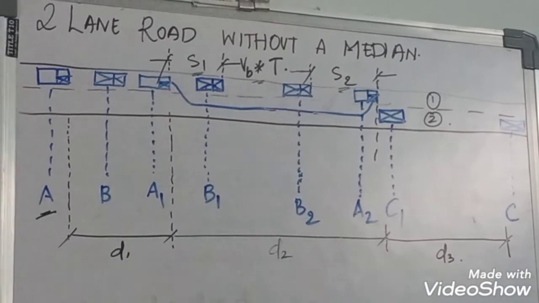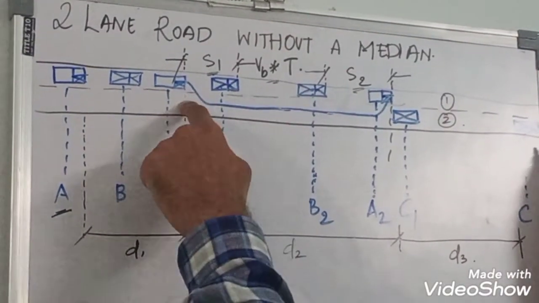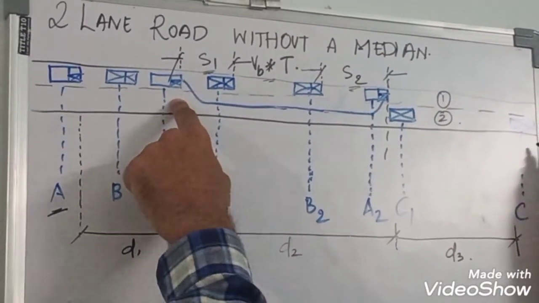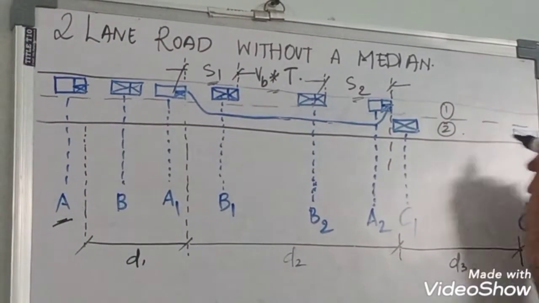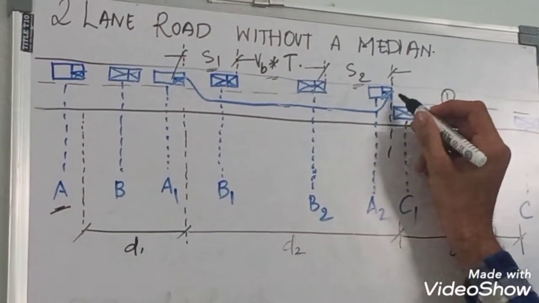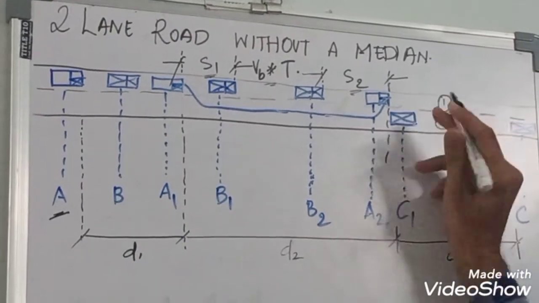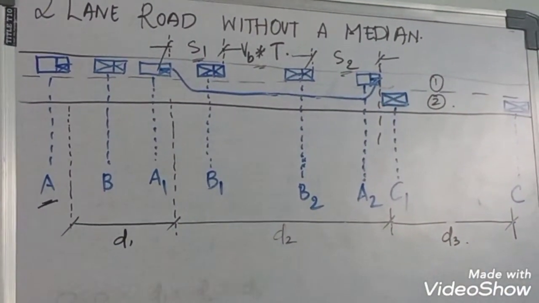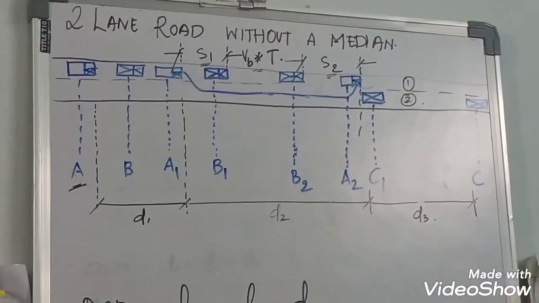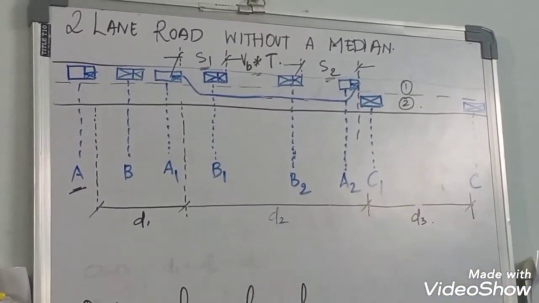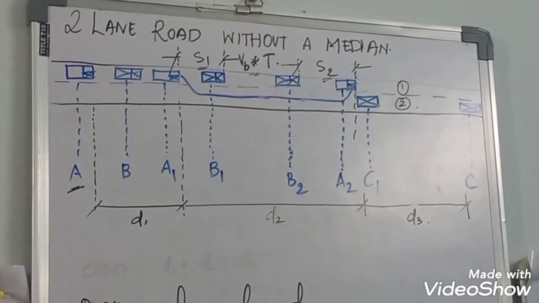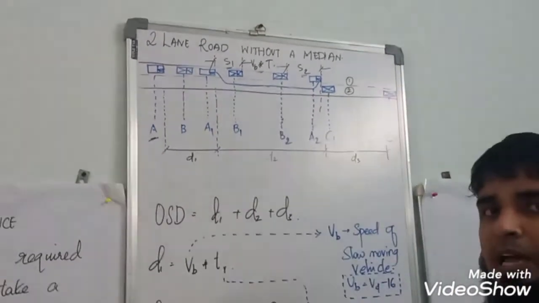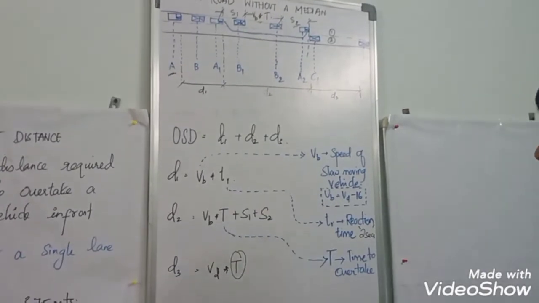What would be the time? It is appearing at the beginning of the start of overtaking, and this vehicle has just completed overtaking, and now they are sharing the front line. Now what can you conclude? This vehicle has also traveled for time capital T. So that's what we can conclude.